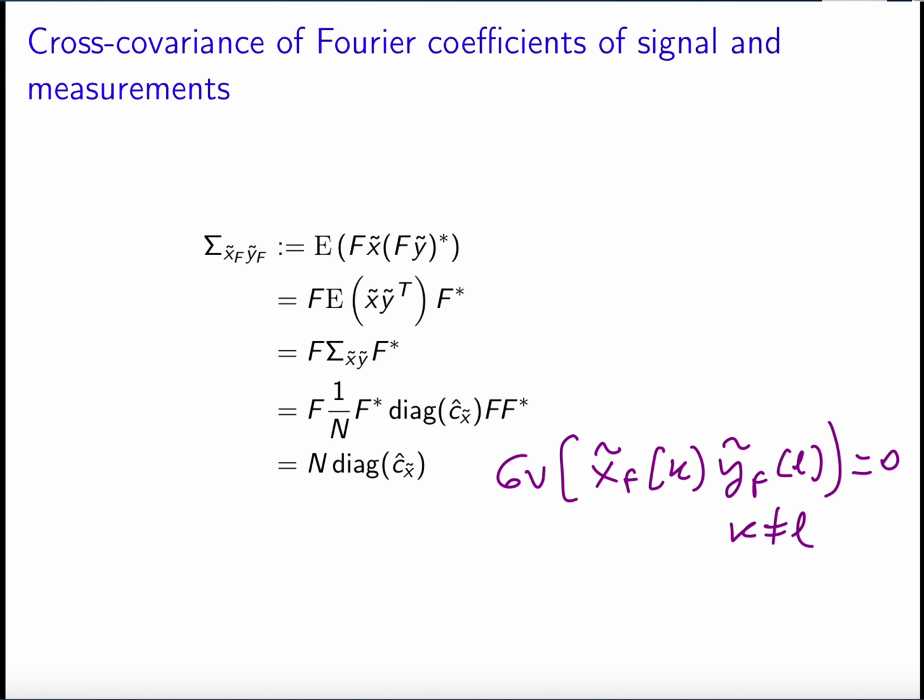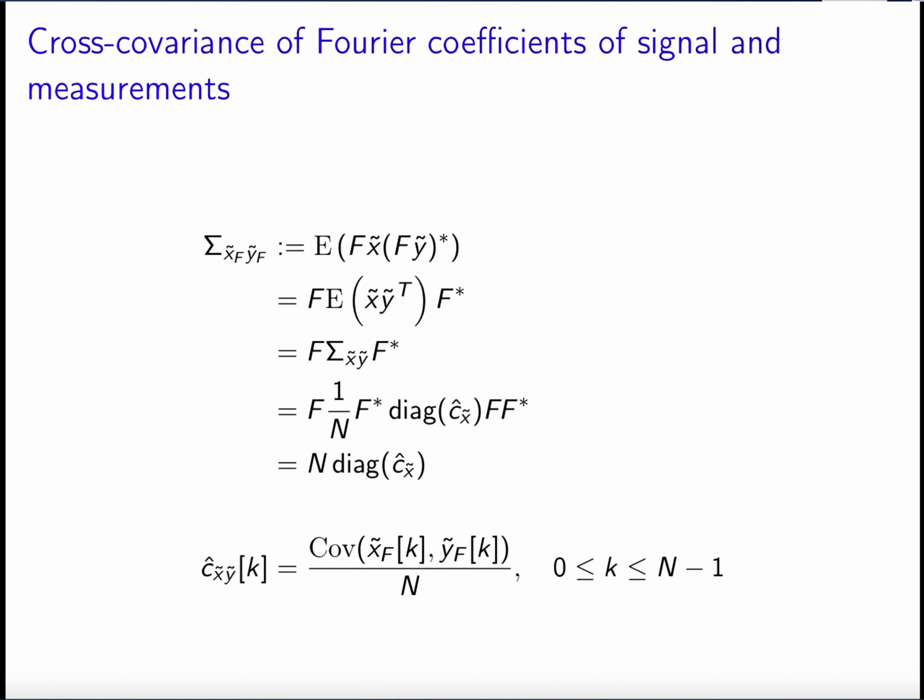So the DFT coefficients corresponding to different indices of X and Y are actually uncorrelated. This tells you immediately that you can forget about the interactions between the different Fourier coefficients and just estimate each Fourier coefficient of Y using just a single Fourier coefficient of X, namely the one that has the same index.